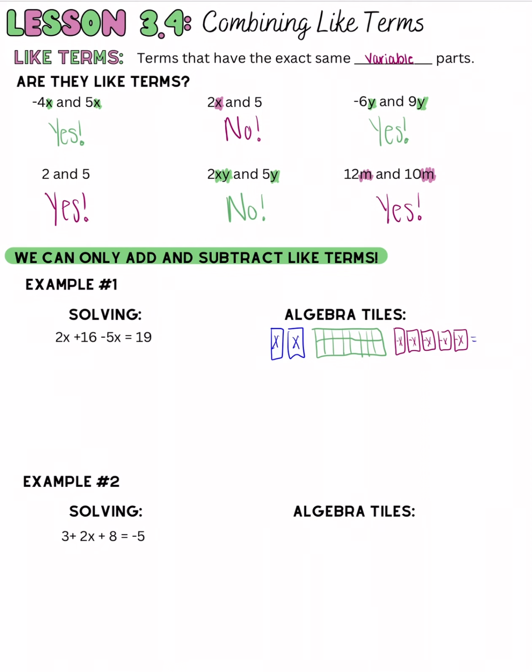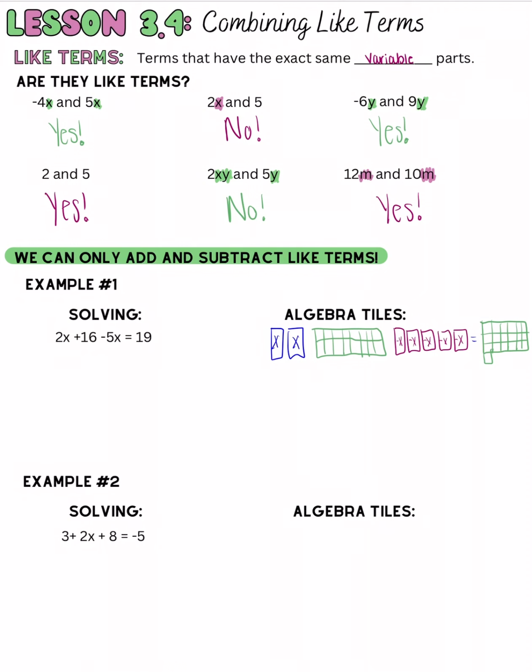So let me get 19 drawn. I am going to do a 3 by 6, which is 18, and then add 1 to make it 19. Okay, so I have positive 2x plus 16 minus 5x equals 19.